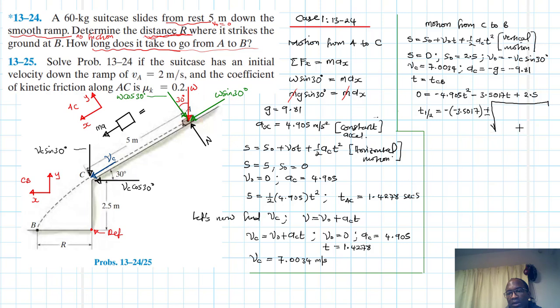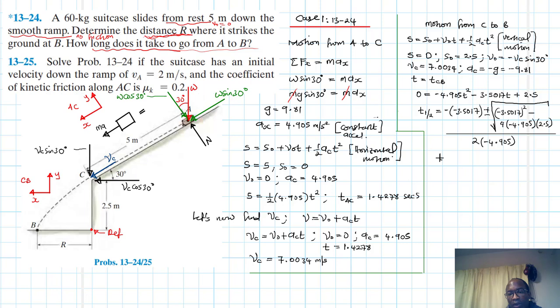Remember this. What we have is B squared, 3.5017 squared, then minus 4AC, where our A is 4.905 and C is 2.5, then everything divided by 2A, which is minus 4.905.